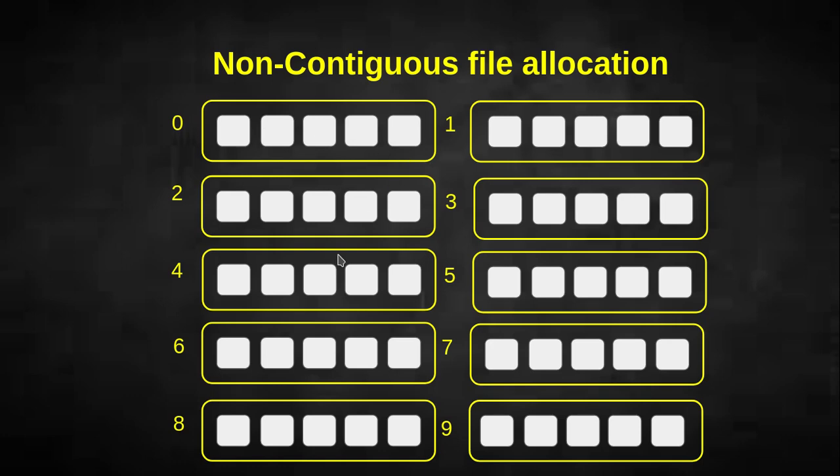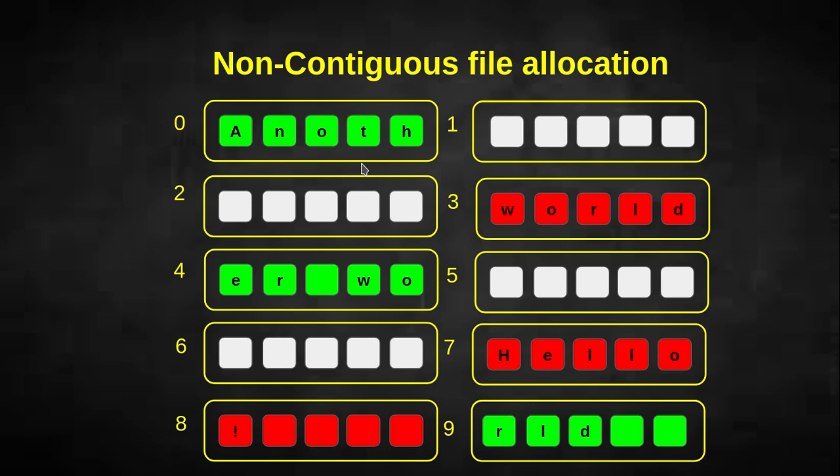5 entries. When we have a file, the file also gets divided into chunks, and each chunk moves to a particular block. Right here we have two files, the green file and the red file.